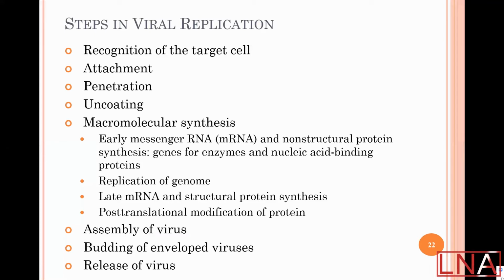First, recognition of the target cell. Second, attachment. Third, penetration. Next, uncoating. Fifth one, macromolecular synthesis. And actually, it's one of the most complicated because there are differences between different kinds of viruses.